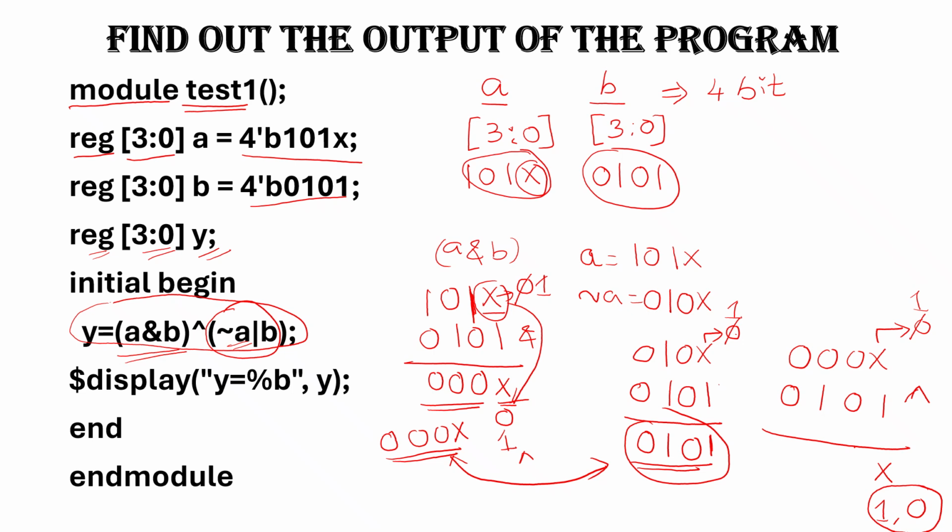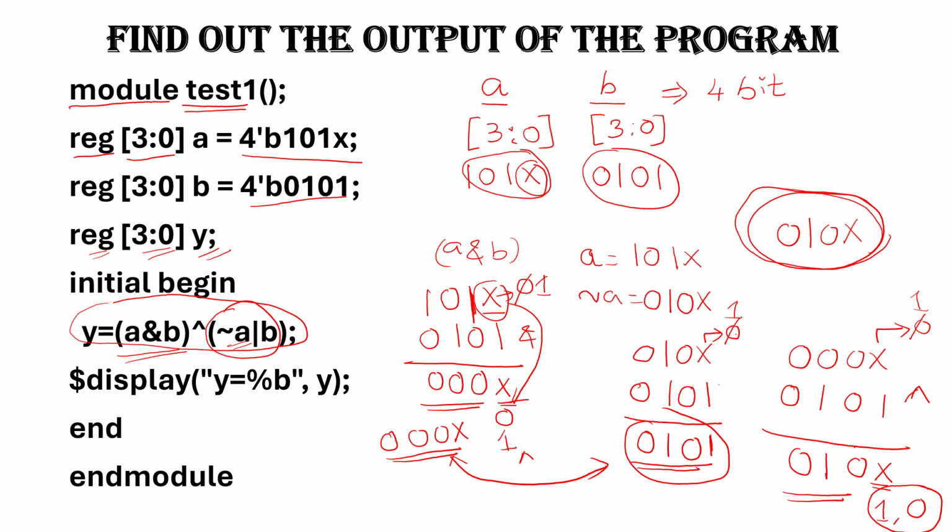So we cannot predict the output value, so the output is don't care. 0 XOR 0 is 0, 0 XOR 1 is 1, 0 XOR 0 is 0. After doing this operation, you will get the result 0, 1, 0, don't care. This is the final response of the circuit.